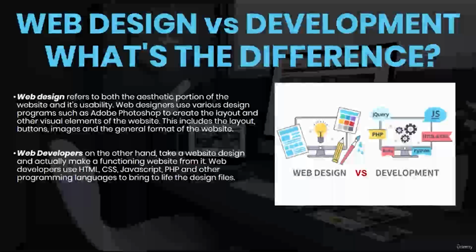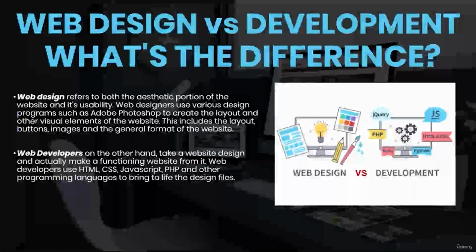So the web developer takes that information, that actual website design, that layout, and then creates the website through code, okay? That's why they call themselves web developers. They use HTML, CSS, JavaScript, PHP, and other programming languages to bring the website to life, right?